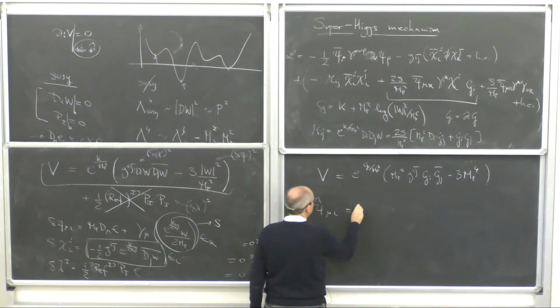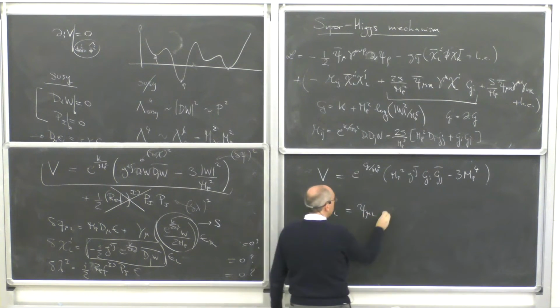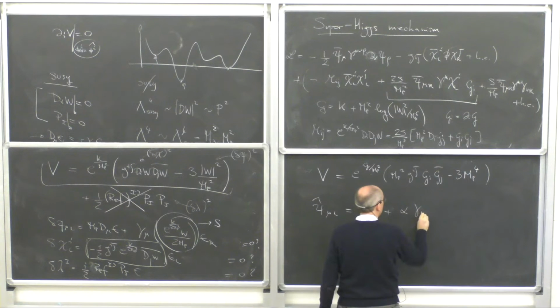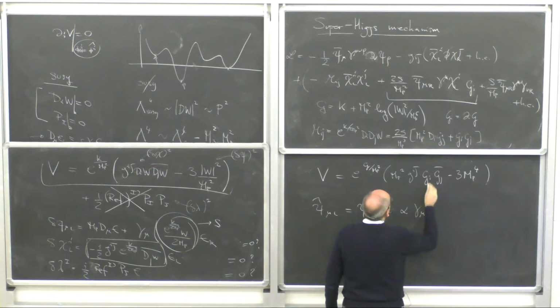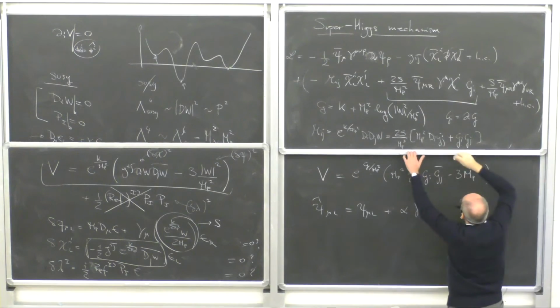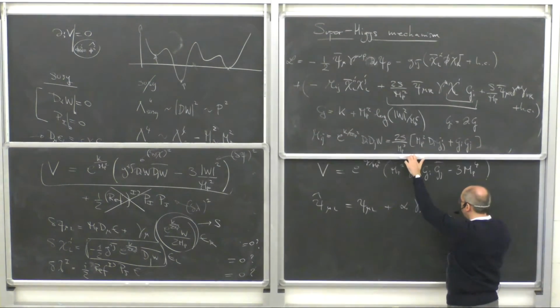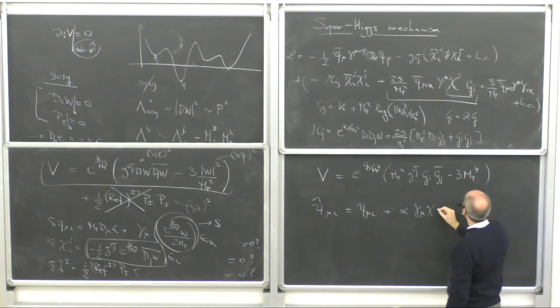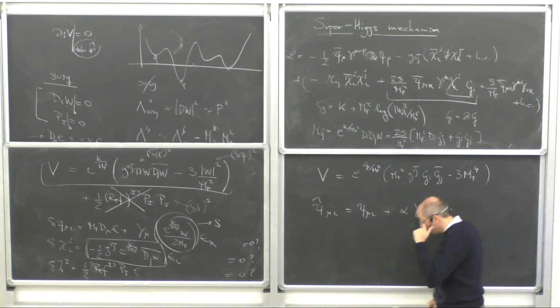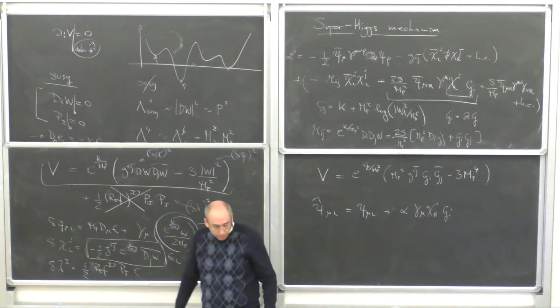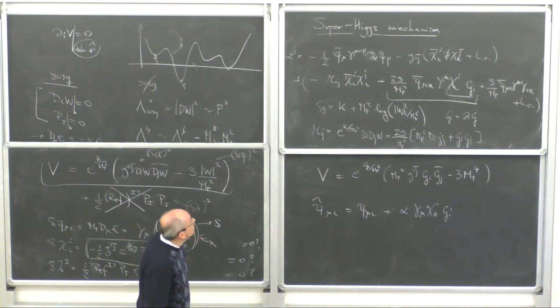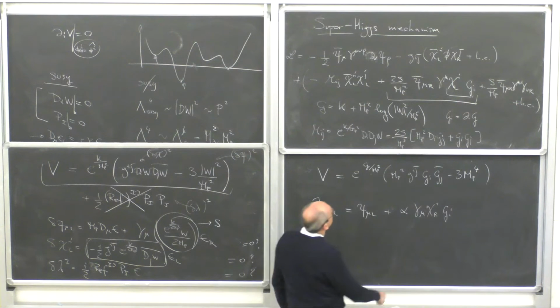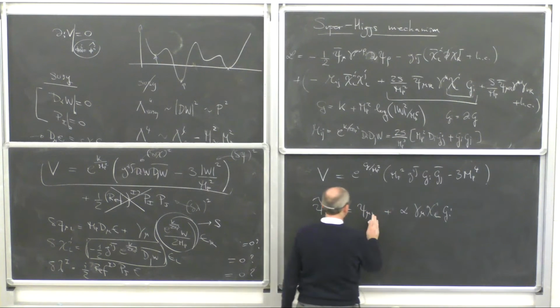I should redefine my gravitino in terms of the old gravitino plus some coefficient times this combination. This is the part that I want to remove. Chi_I right, and then, well, something like that. Okay? I want to remove the mixed term there, or better, probably let me write left, and then this is the right part.